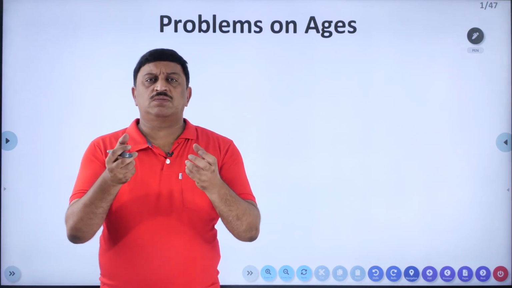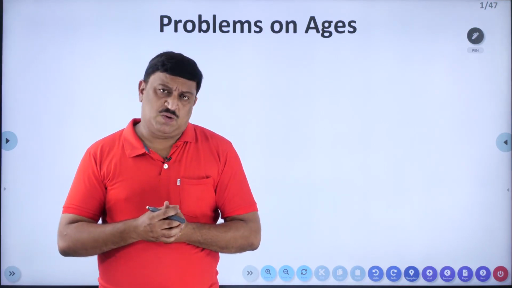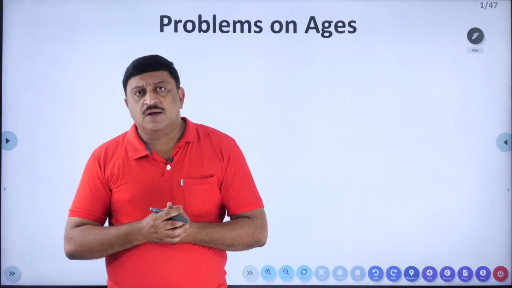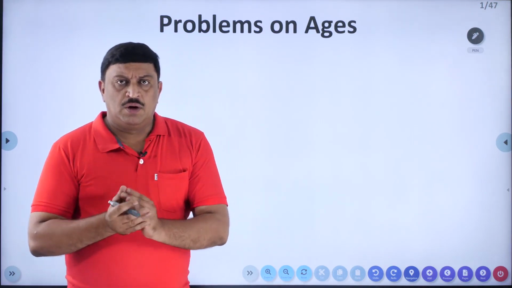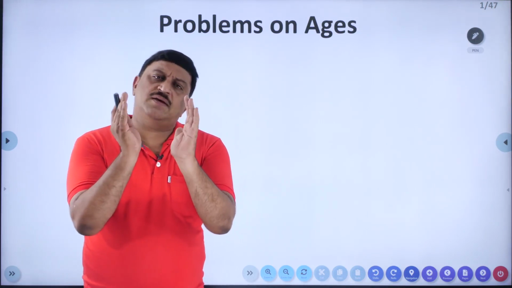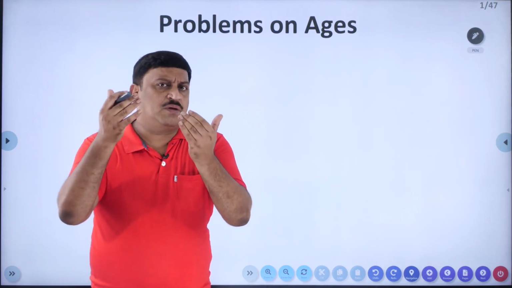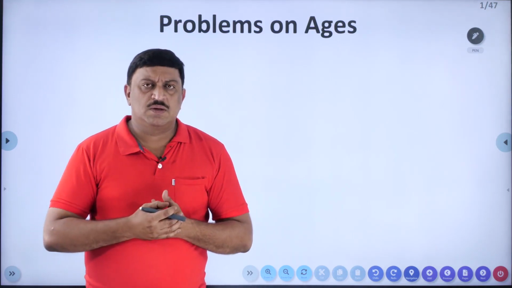What is a ratio? Definitely everybody knows a ratio is nothing but a comparison. 2:3, 1:5. Okay, very basic idea, everybody knows, but in depth nobody knows about ratios.